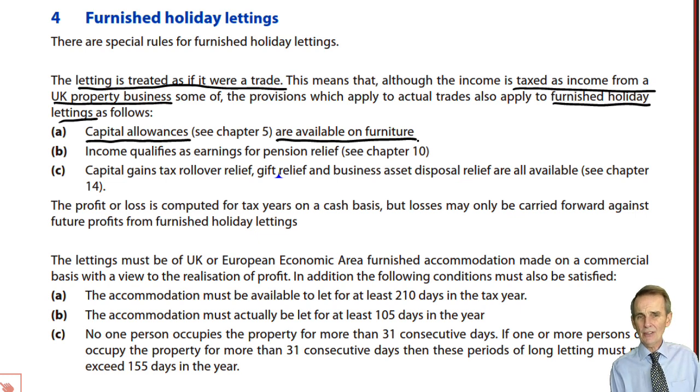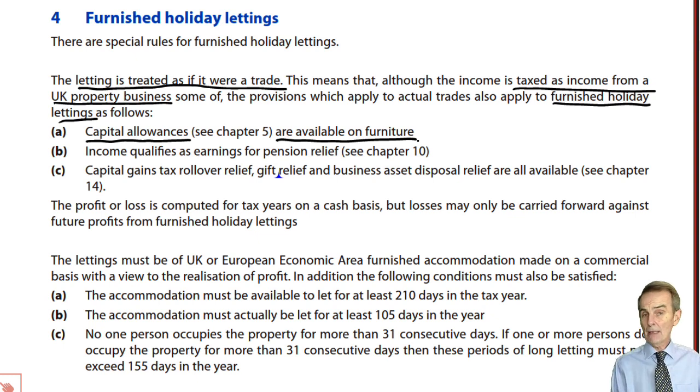So rather than the more awkward replacement furniture relief that we saw would apply to otherwise furnished lettings, if it's a furnished holiday letting, then capital allowances will be available on all furniture that we buy.